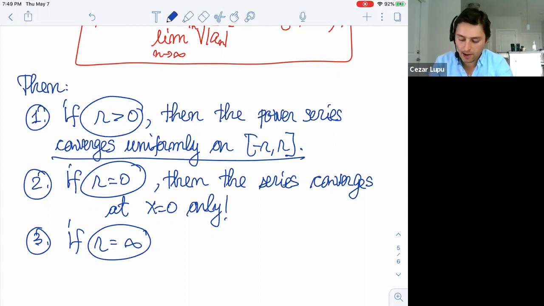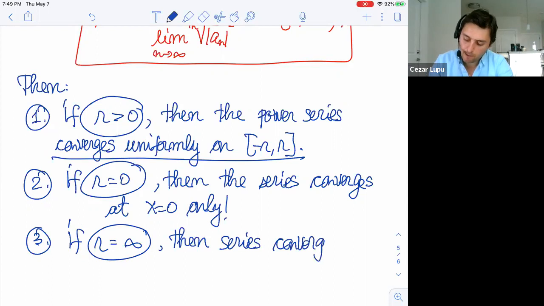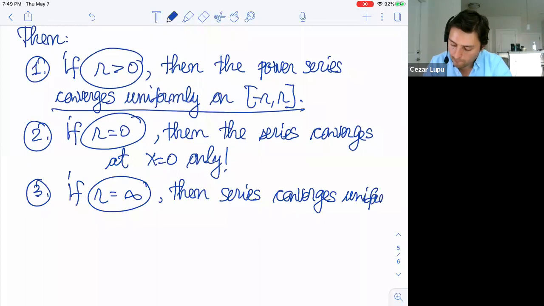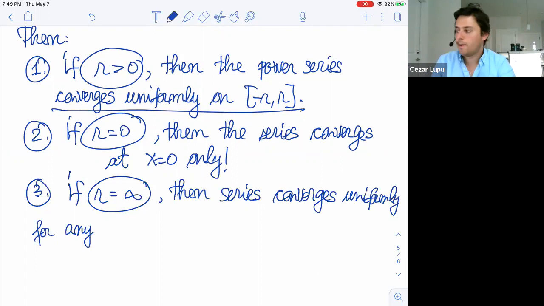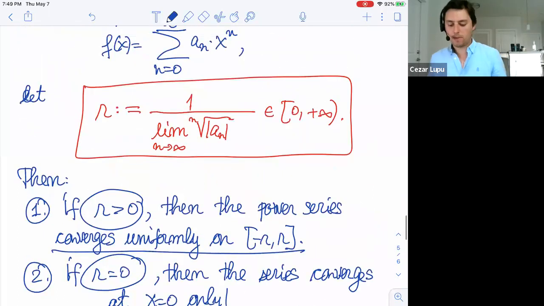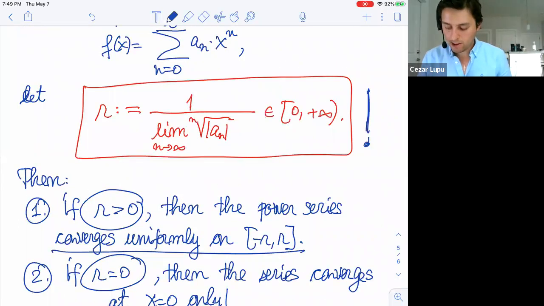Then the series converges uniformly for any real number x. Okay, so that's the theorem I want you to keep in mind. This is the formula. Probably you have seen this in calculus too. Now I want to do some examples.